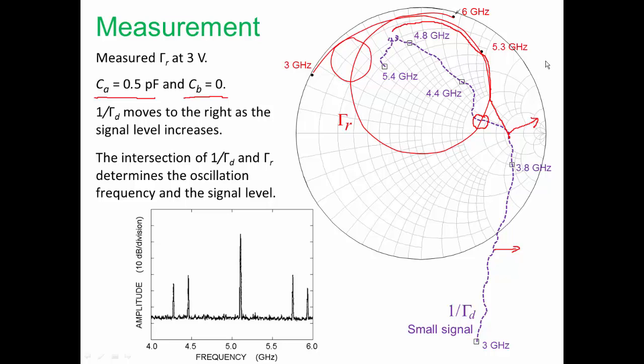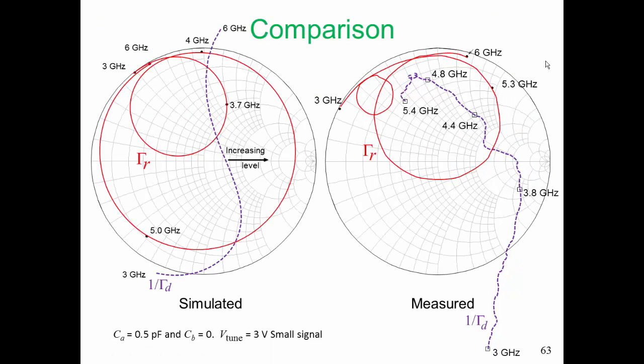Before we go any further, let's compare the simulated responses and the measured responses. The simulated responses are shown on the left, the measured responses are shown on the right. Clearly, there is a correspondence, but there is a difference, of course. So the question that comes to mind is, which set of results should you believe?